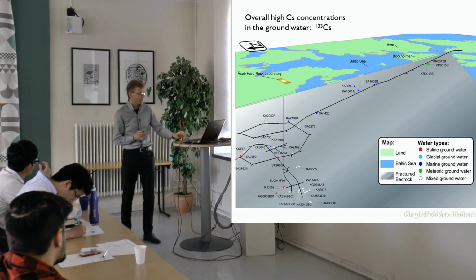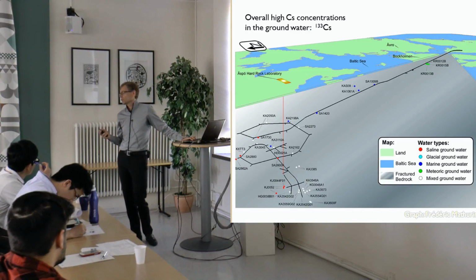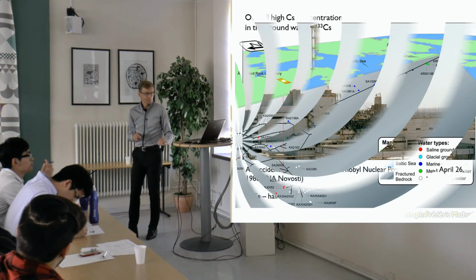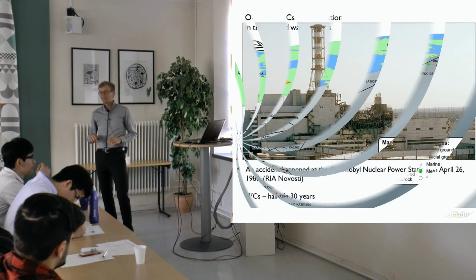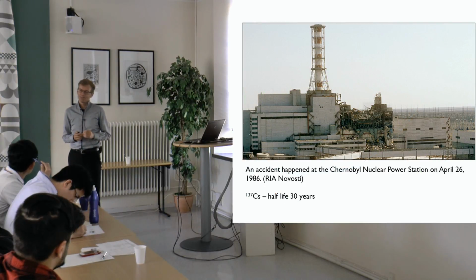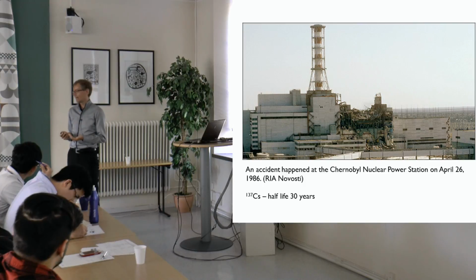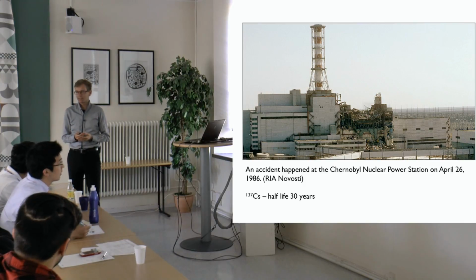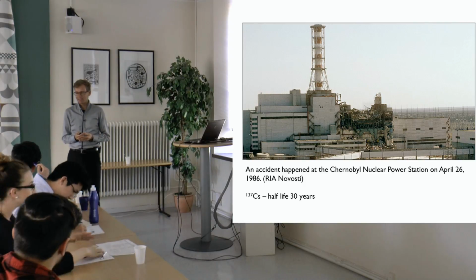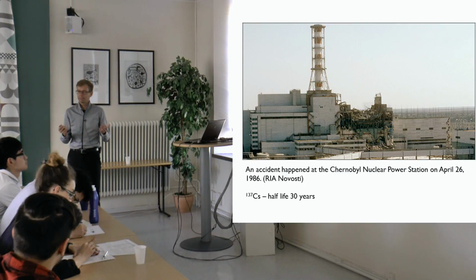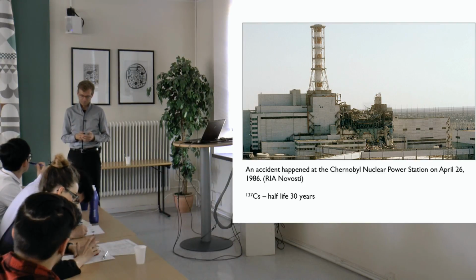A little bit unexpected. Now cesium is of course always interesting in terms of radioactive waste, because there is this cesium-137, and that has a half-life of 30 years, and it's highly radioactive. And it's one of the key components in nuclear waste, and it was spread of course in the environment from the Chernobyl nuclear accident.